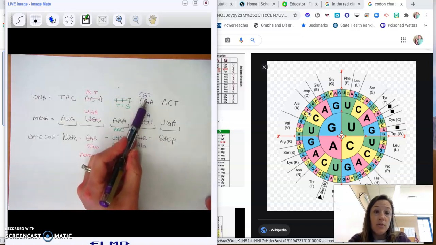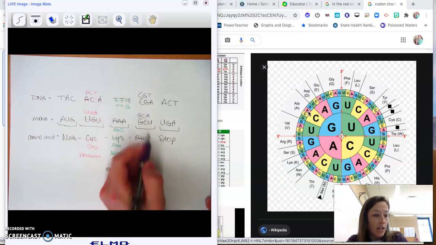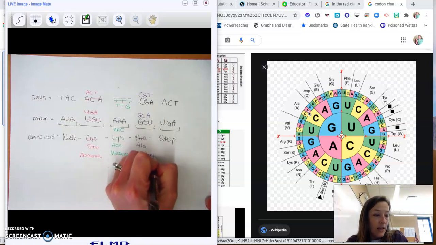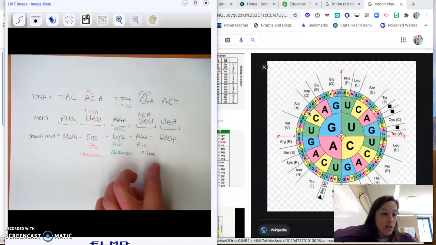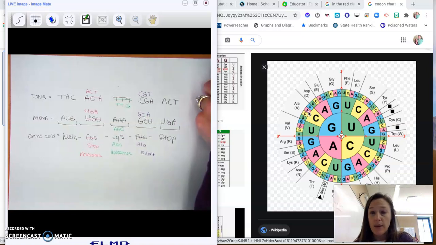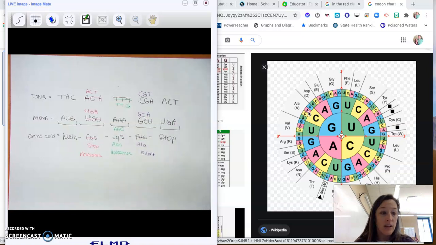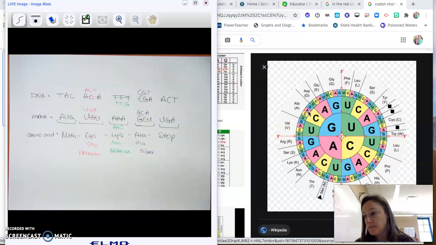So even though there's a mutation, there's a change in the DNA, it does not change my protein. And so we call that a silent mutation because we don't see the effect of that mutation. Okay, there is a change in the DNA, there is a mutation, but because it doesn't change the amino acid, it's not going to change the protein. And so most of the time, we don't even know that mutation exists because we don't see it played out in the protein.